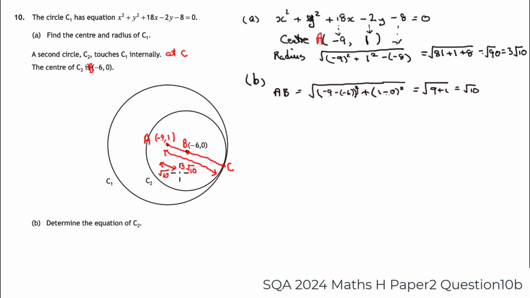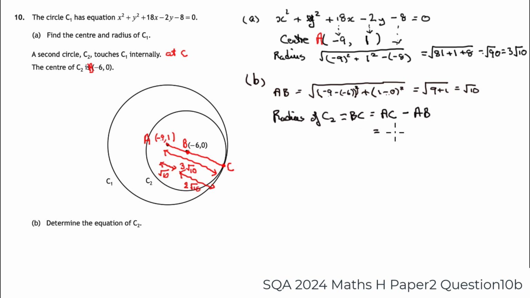Now, we're trying to find the distance from B to C, and you can see that we'd have to take root 10, 1 root 10, away from 3 root 10, and the remaining distance, that's the radius, is 2 root 10. So the radius of C2 equals BC, which is the full length AC minus what we've just discovered, AB.